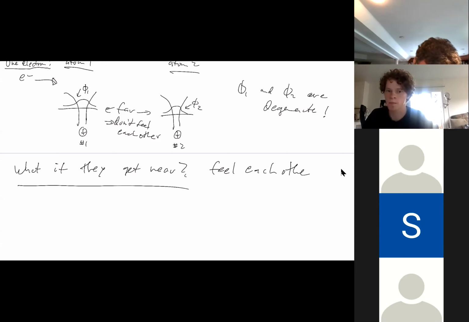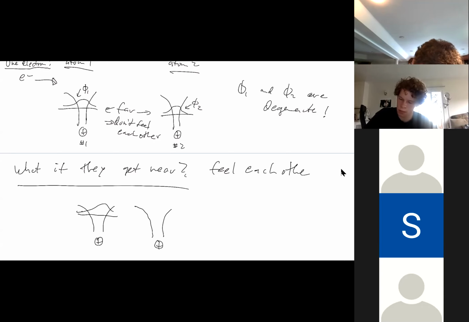Near means that these wave functions are starting to mix.